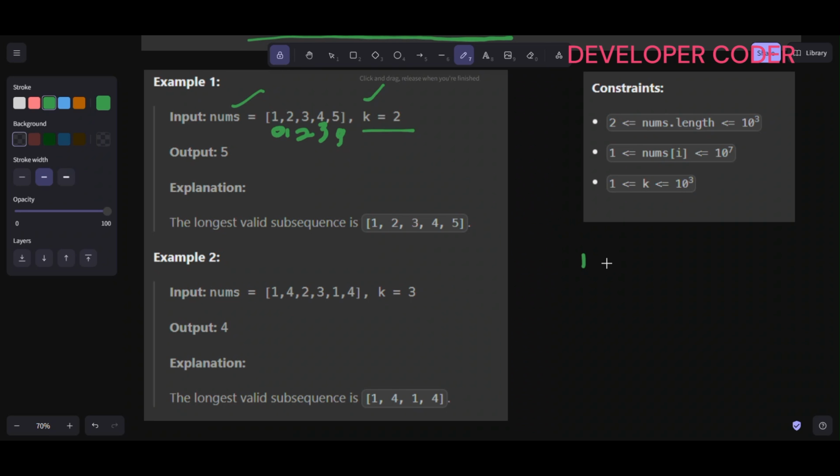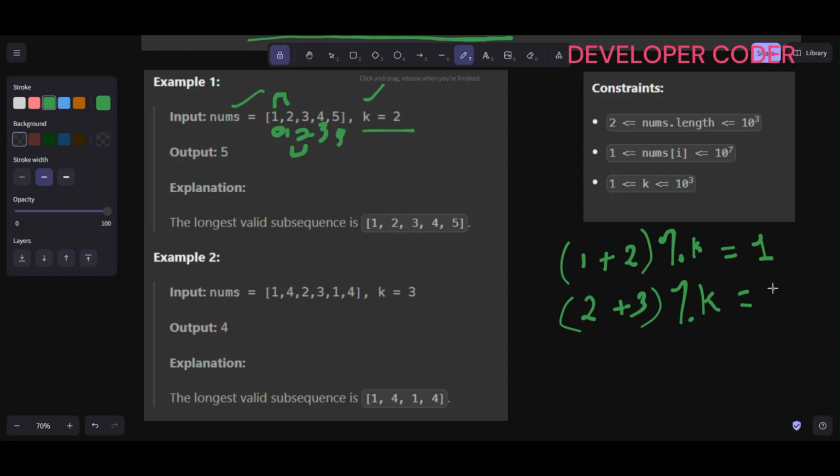If I do (1 + 2) modulo k, what value do I get? k is 2, so 1 plus 2 is 3, and 3 modulo 2 is 1. Now if I pick 2 and 3, 2 plus 3 is 5, and 5 modulo 2 is again 1.